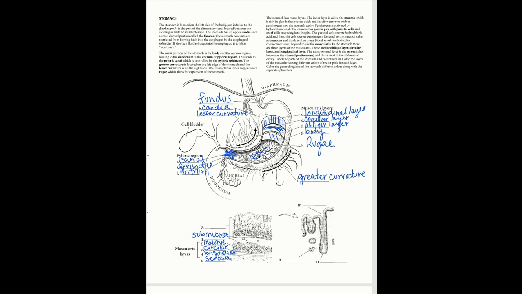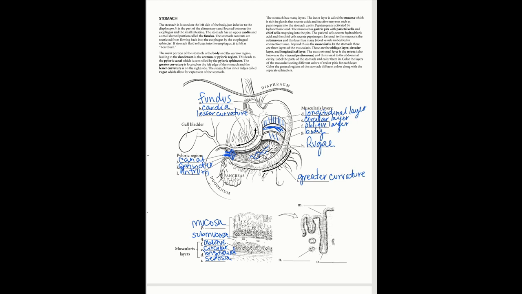And then this is our mucosa. And our mucosa layer is going to have a lot of secretions here. We need to have acids being secreted. We need enzymes being secreted. This mucosa layer is going to be responsible for the secretions that are going to be necessary for the chemical digestion portion that's going to take place in the stomach.